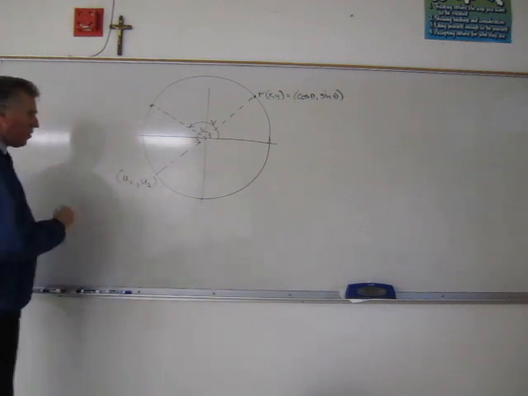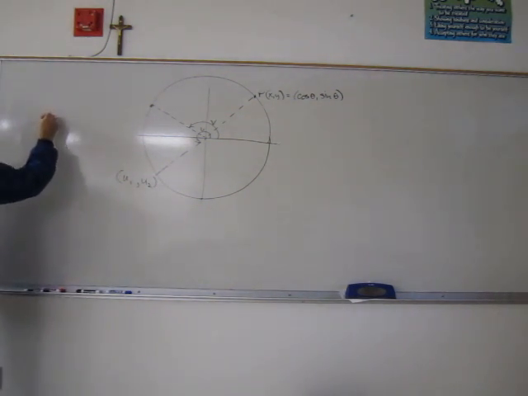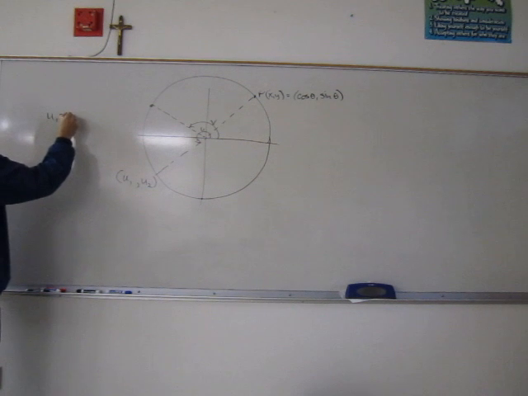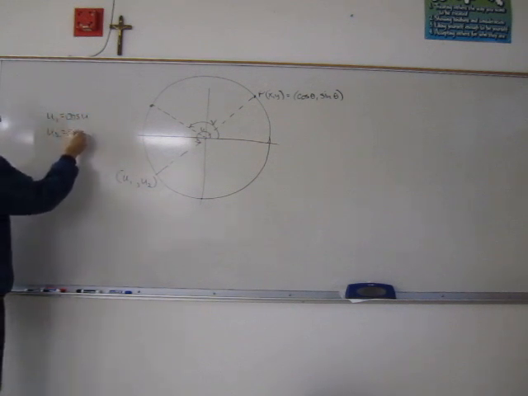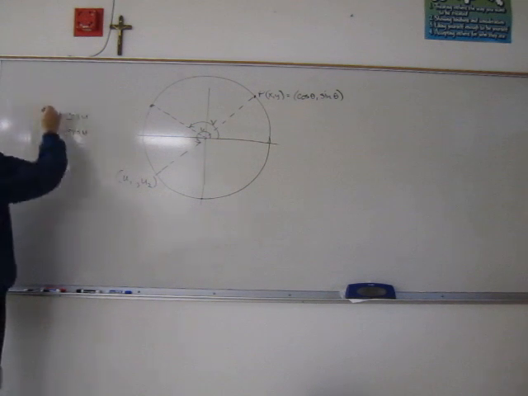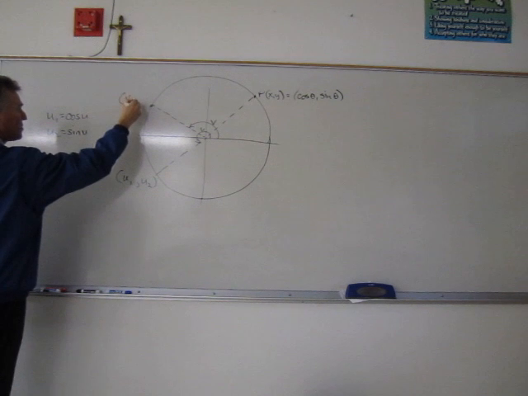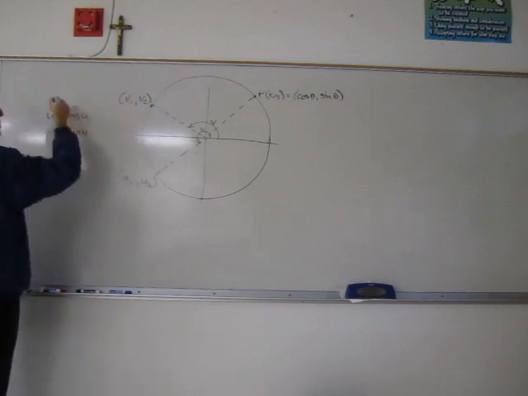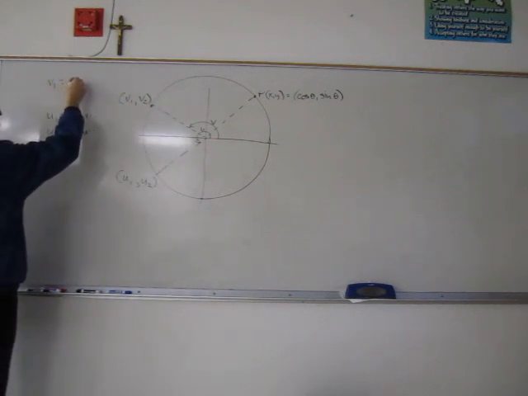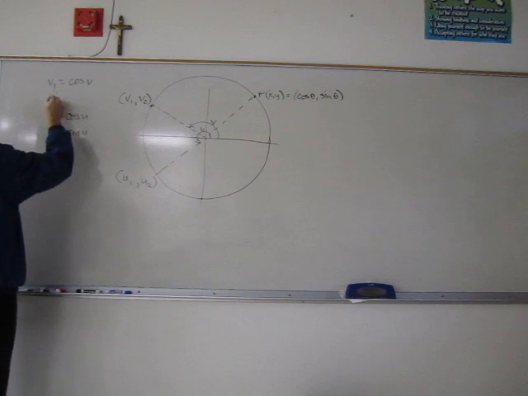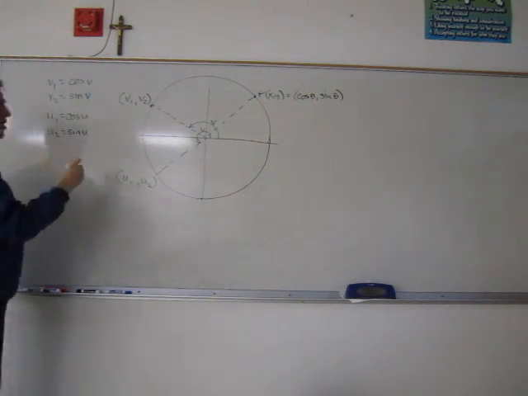Again, from what you know about the unit circle, U sub 1 is going to be cosine of U, and U sub 2 is going to be sine of U. Then, same reasoning for V: V sub 1 equals cosine of V, and V sub 2 equals sine of V.